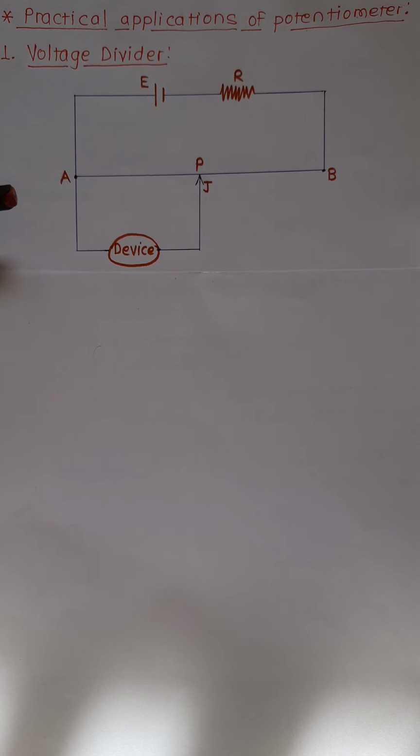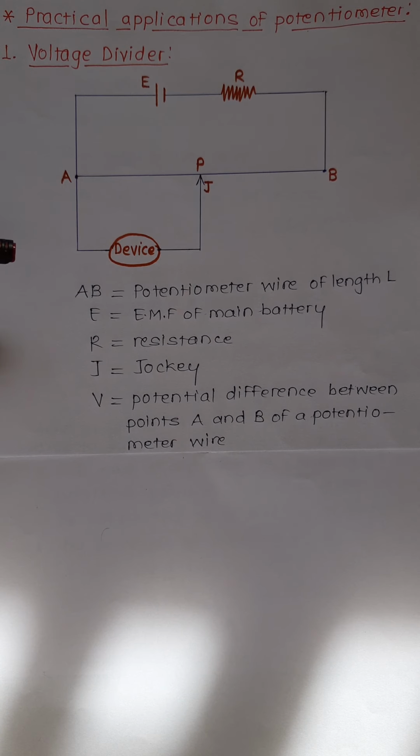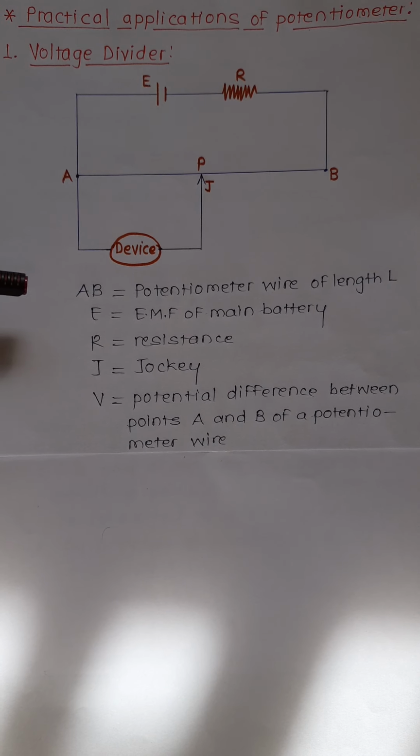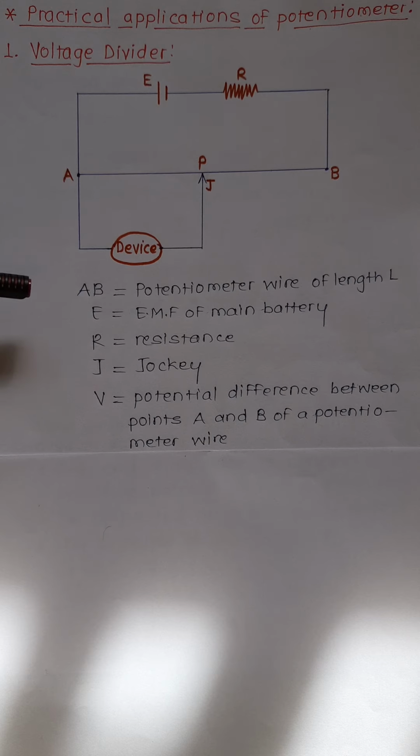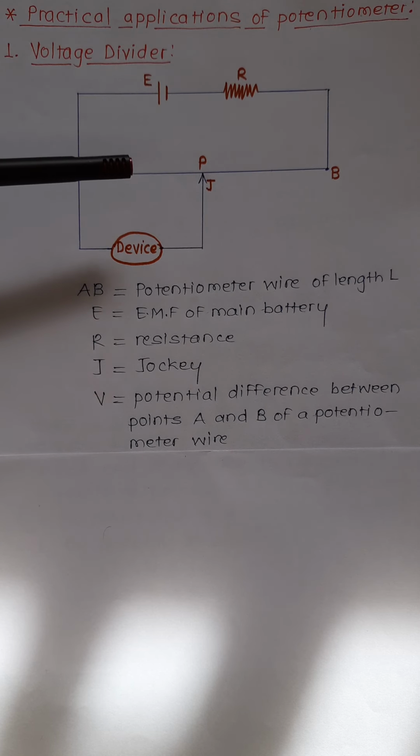voltage supply. To understand this, see this circuit diagram in which potentiometer is used as a voltage divider. In this circuit, AB is the potentiometer wire of length L, E is the EMF of the main battery, R is resistance and J is for jockey.